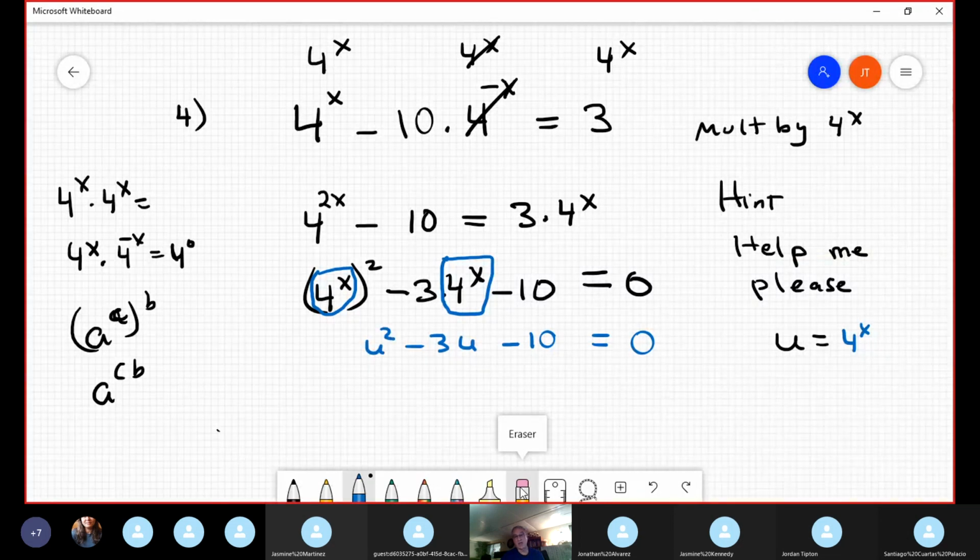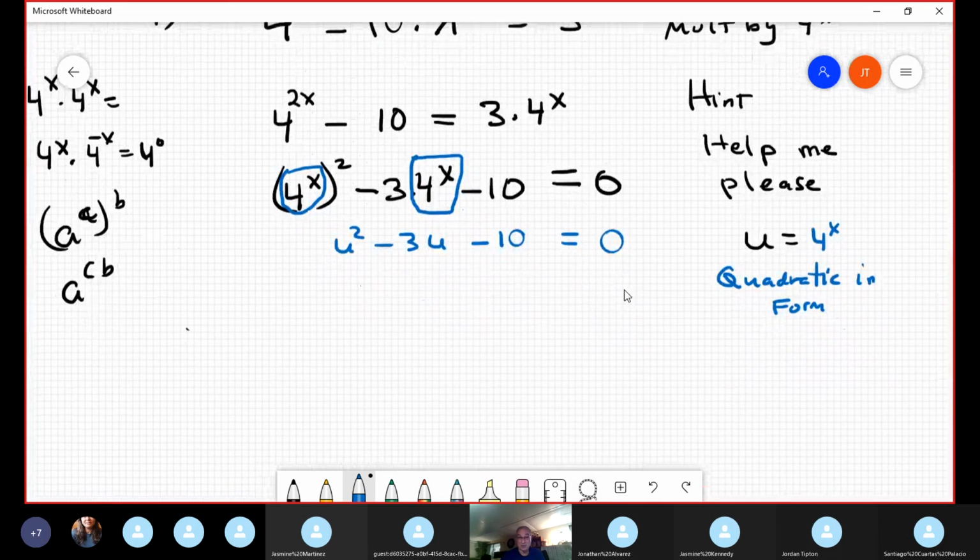Yes or no? And this situation is called quadratic in form. It's an equation that we can convert to quadratic because we have one weird expression. In this case, the expression is the exponential 4 to the x. Then we have in that moment a quadratic equation. You solve it by the quadratic formula, maybe, or you solve it by factorization, maybe.